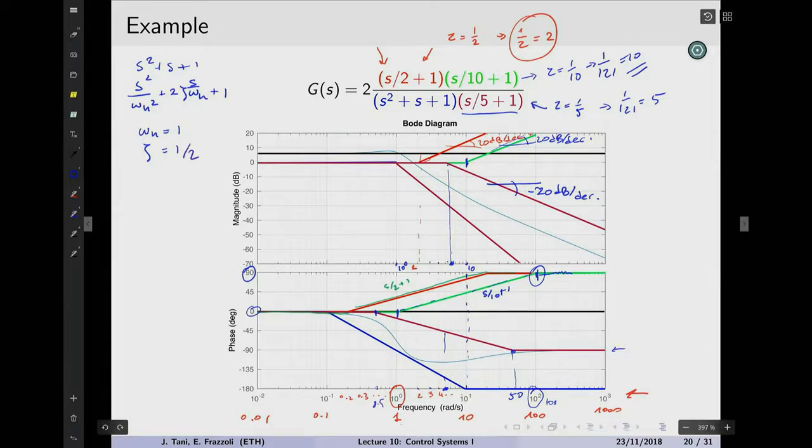So at this point, what we have to do is go and plug in this term. It's the blue one. And what do we have? The breakout frequency here is this one. It's omega n equal to 1, which is 10 to the 0. So what did we say about these? At high frequency, so at 10 to the 1, it's a slope of 40 dBs per decade.